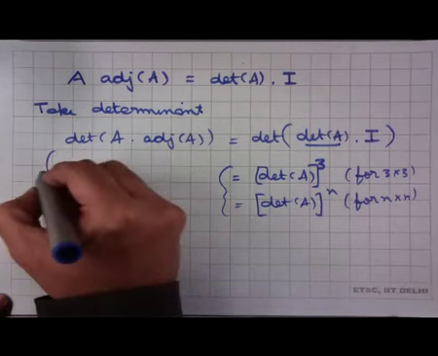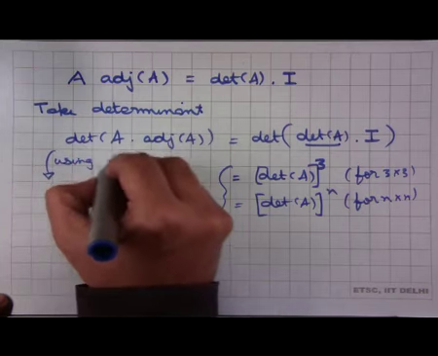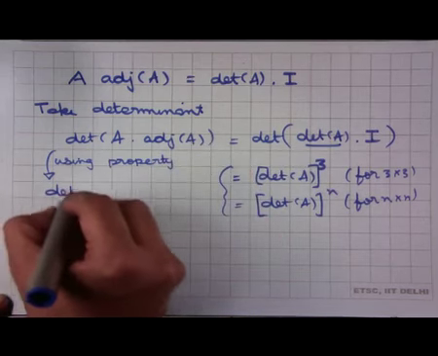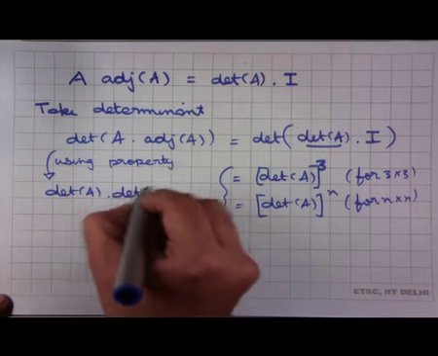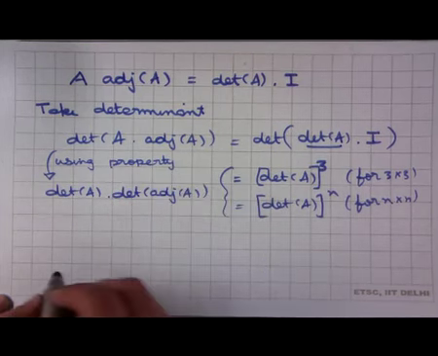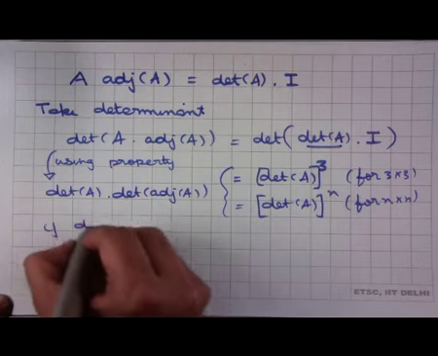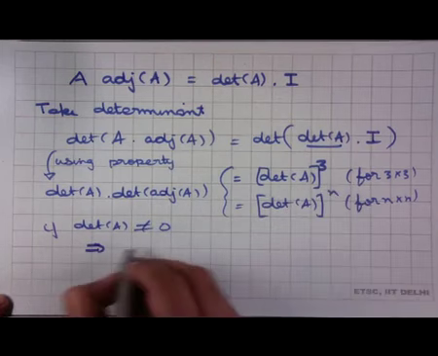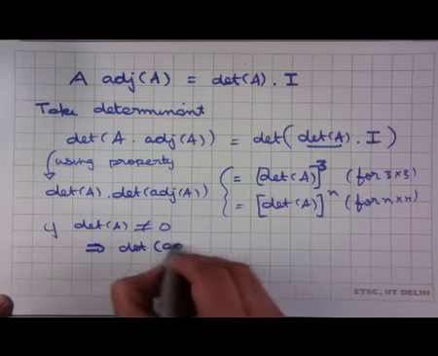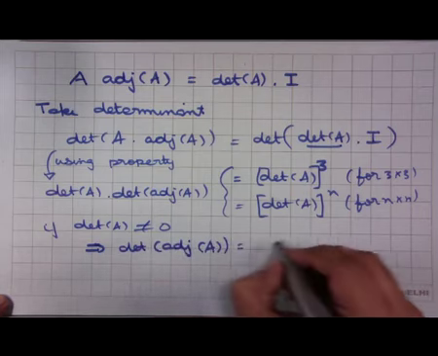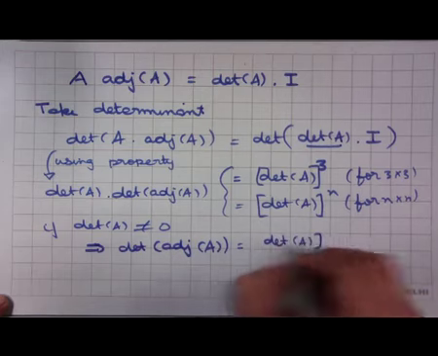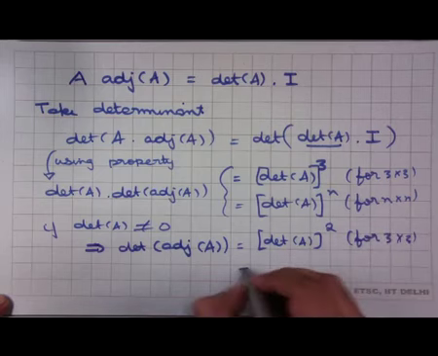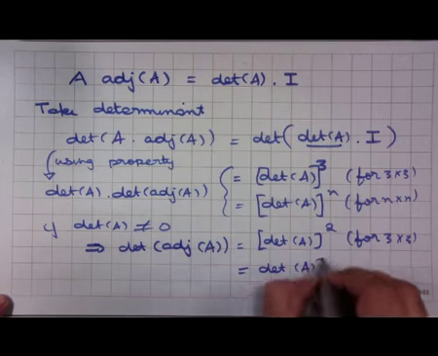Well, using the property that the determinant of a product of matrices is the product of the determinants, we will get the determinant of A times the determinant of adjoint of A. So, if the determinant is not 0, then we can just cancel one determinant of A on both sides, and we get that the determinant of adjoint of A is equal to the determinant of A whole square for the case of 3 by 3, and in general it is just determinant of A power n minus 1 for n by n.